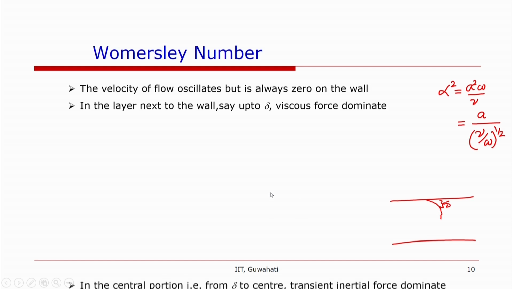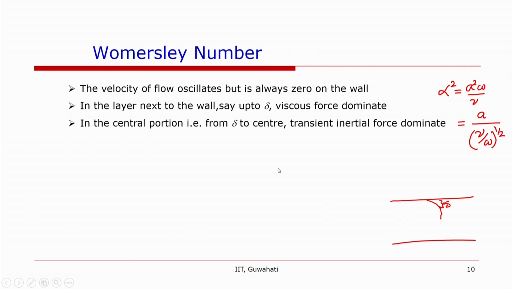As we move from this distance towards the wall, the viscous force will be dominating, and as you move away from here, the transient force becomes more important. So at this distance, which we call the transient boundary layer, the two forces are equally important.